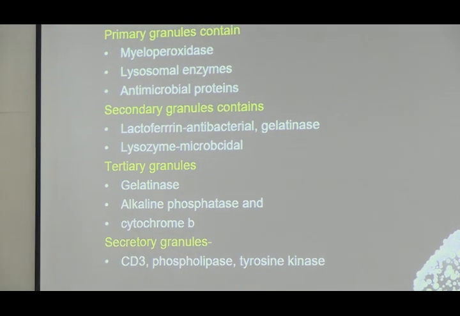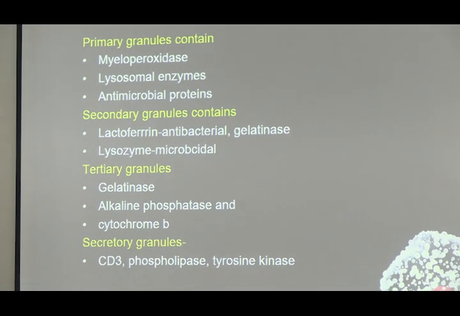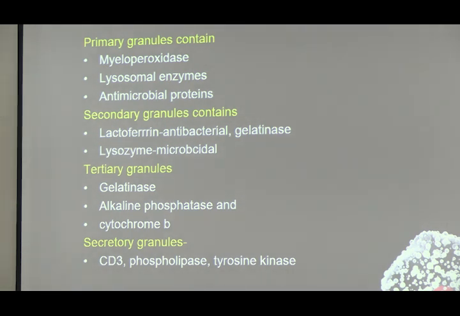See, there are 4 varieties of granules in neutrophils. One is primary granule, another is secondary granule, another type is tertiary granules, and secretory granules. See what the primary granules contain: these are enzymes. Secondary, these are some proteins.